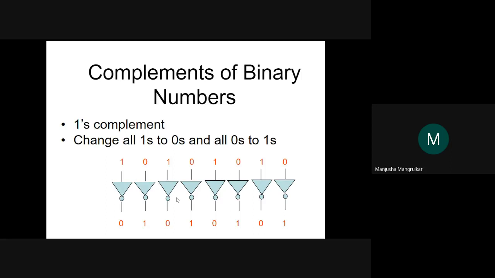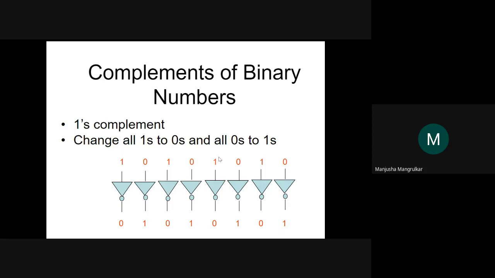It is a NOT gate over here. This is 1 to 0, 0 to 1, 1 to 0, 0 to 1, 1 to 0, 0 to 1. It is changing all 1s to 0 and all 0s to 1.